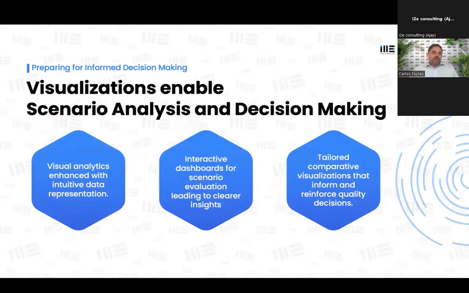We believe that doing scenario analysis and decision-making in a visual way is really impactful and helps to clarify where decision makers can't see through all of the noise of the data. It starts to make capabilities and investment options more obvious. So visual analytics enhanced with intuitive data representation, delivered through interactive dashboards for scenario evaluation, lead to clear insights, and tailored comparative visualizations inform and reinforce quality decisions.